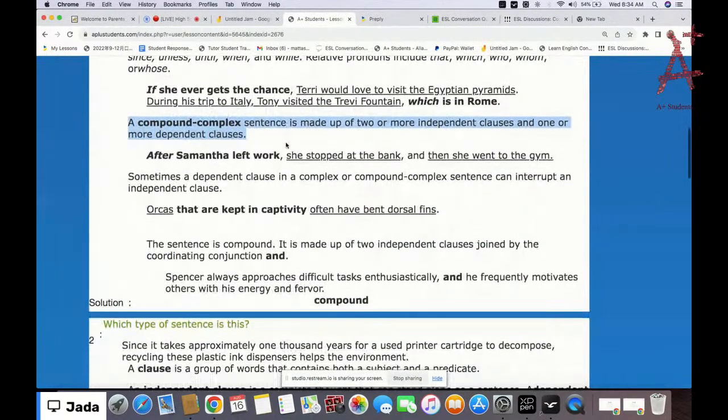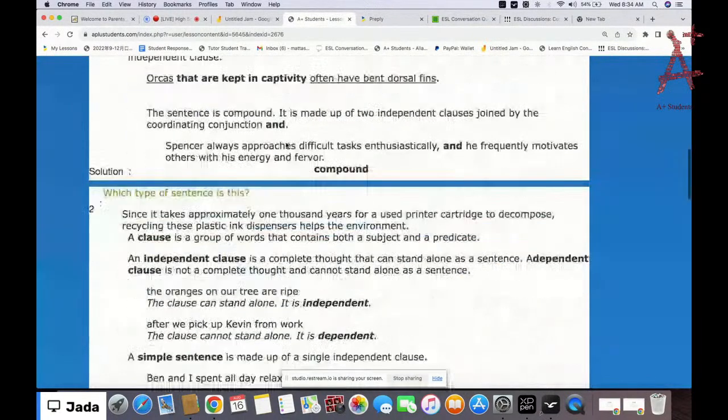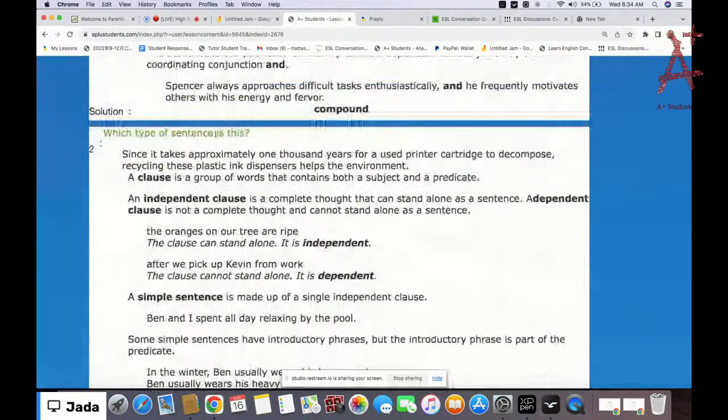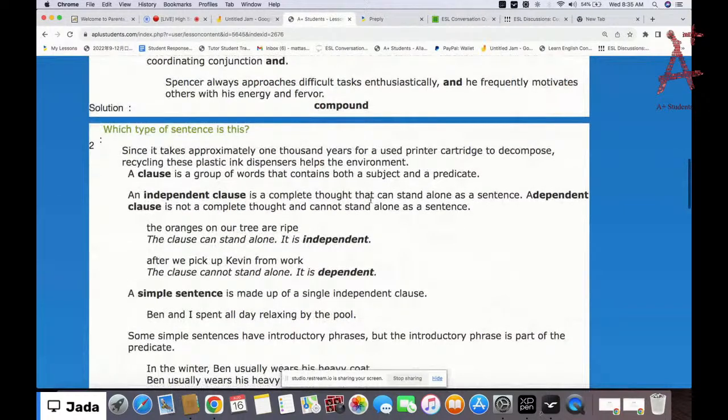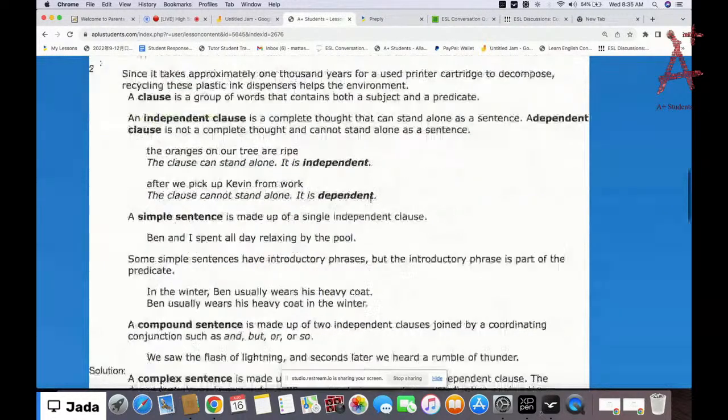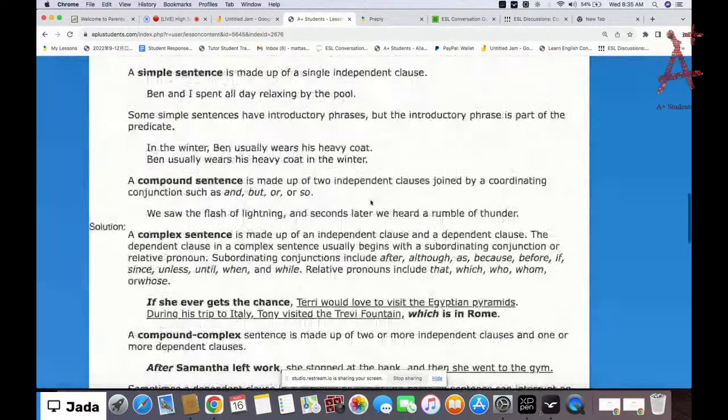All right, so let's go through some examples. Which type of sentence is this? Since it takes approximately 1,000 years for a used printer cartridge to decompose, recycling these plastic ink dispensers helps the environment. What kind of sentence is that? It's a complex sentence.